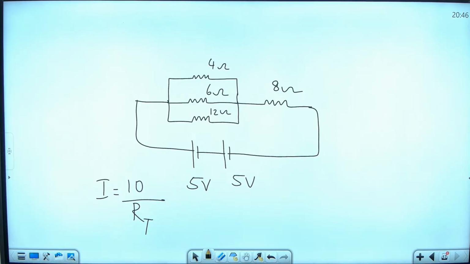So for the parallel connection, 1 by 4 plus 1 by 6 plus 1 by 12, that is 6 by 12 or 12 by 6. So 2 ohms. That is in series to 8 ohms. So 8 plus 2, 10.